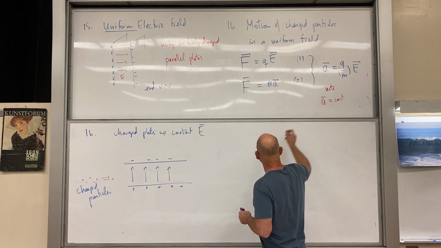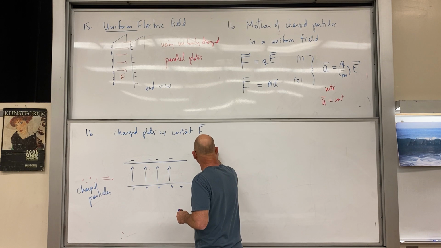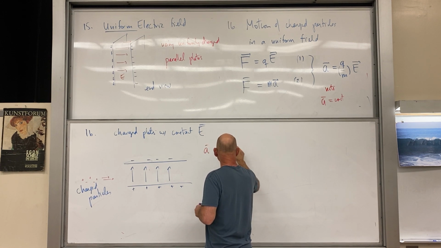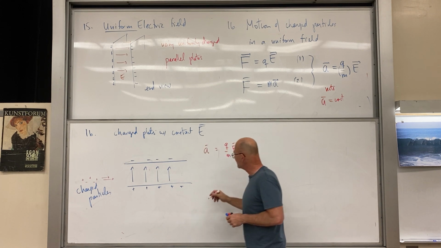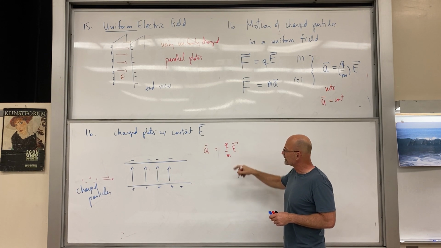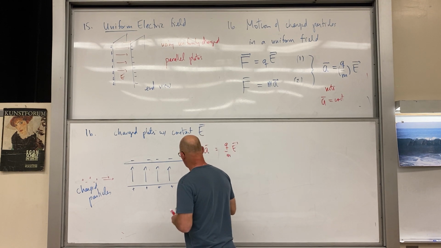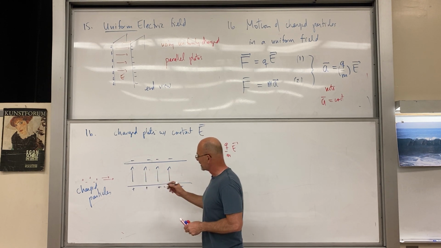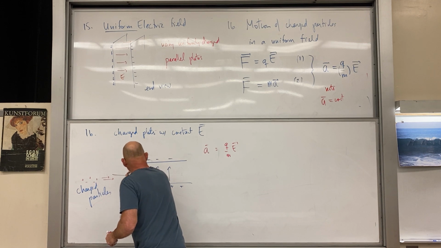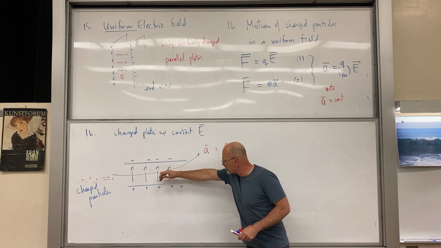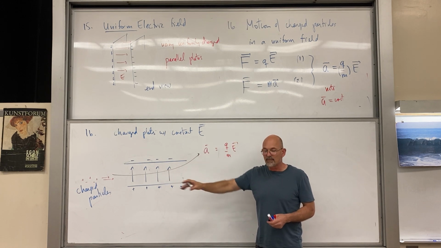We have acceleration is equal to Q over M times E. So the acceleration is in the direction of the E field for the positive charges. And by the way, constant, okay, well, let's just draw this. You're going to get a parabolic arc.